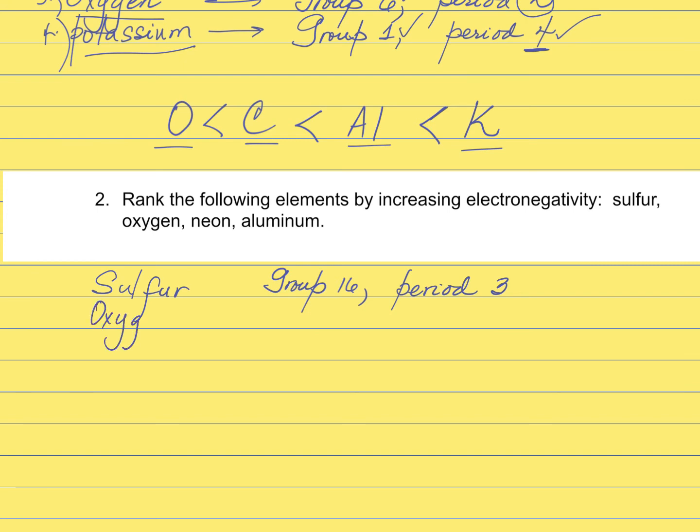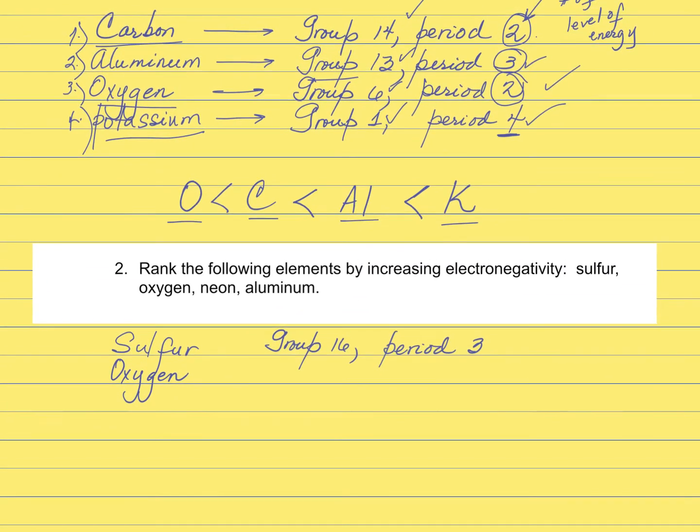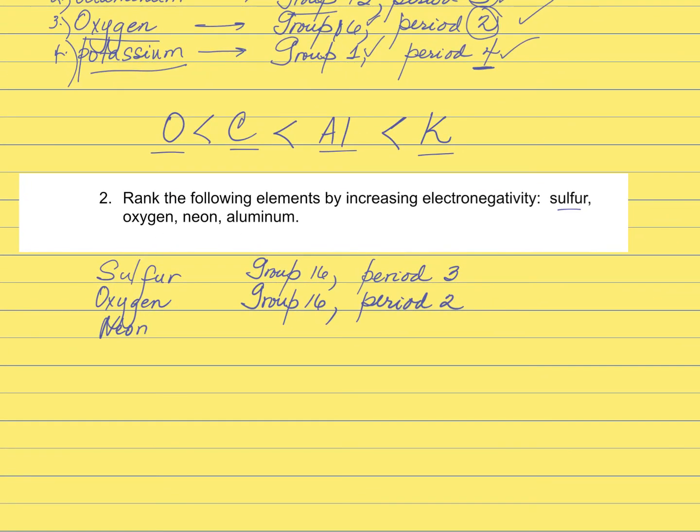Oxygen. We know that oxygen is in group what? Group 16. What period? Period 2. Then I have neon, which is a noble gas.